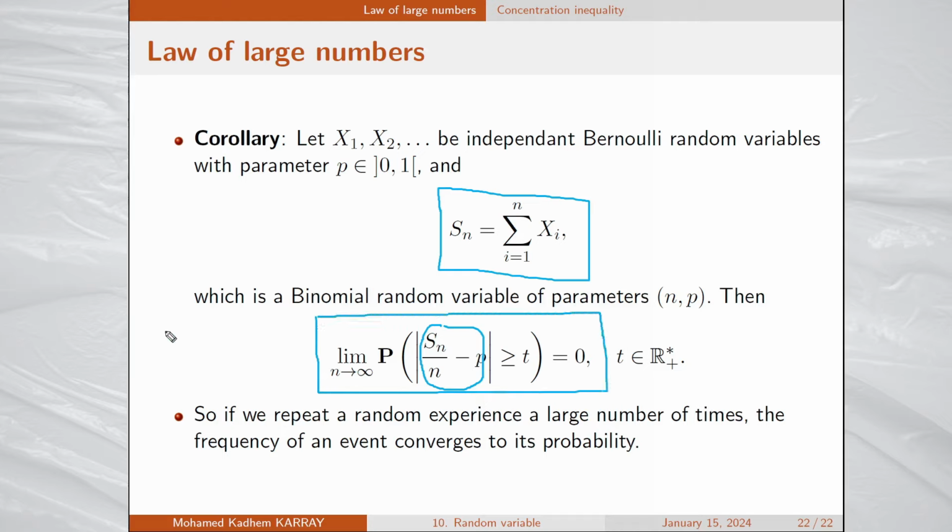And this precisely says that Sn divided by n converges to p as n goes to infinity.